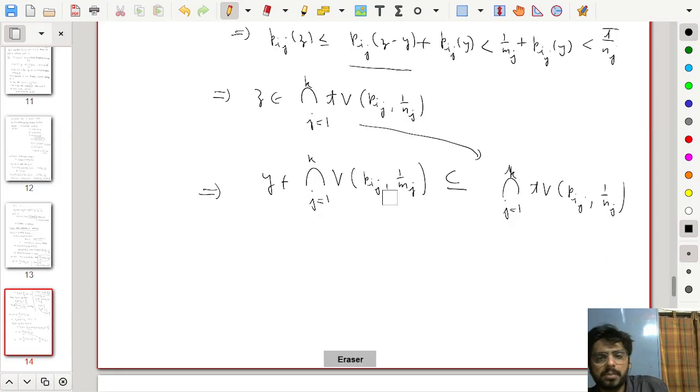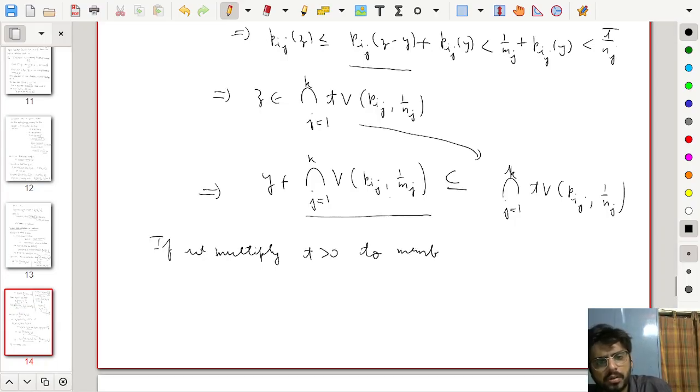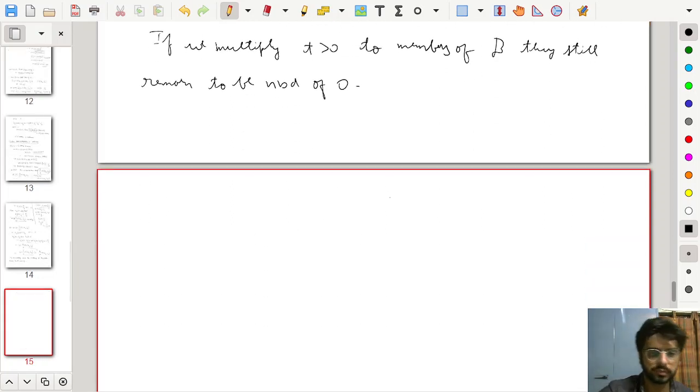So we have shown that if we multiply a positive t to members of B, they still remain neighborhoods of 0. This is what we have shown.